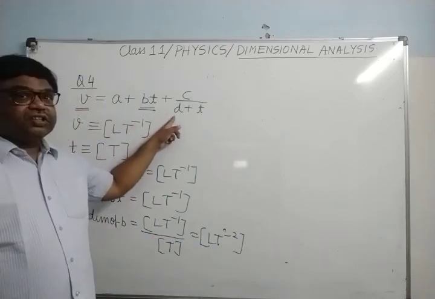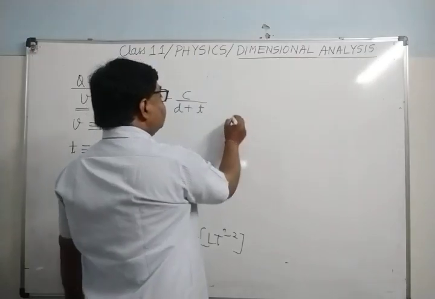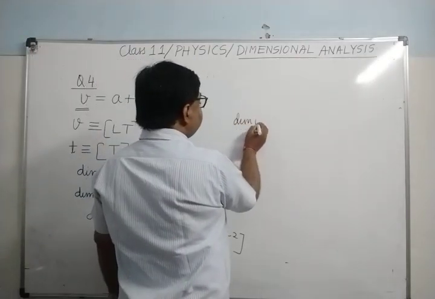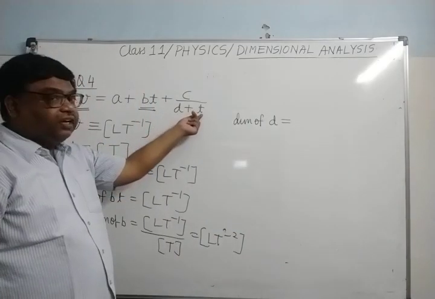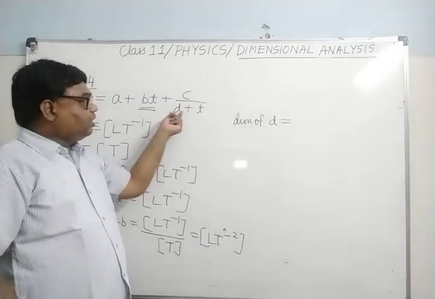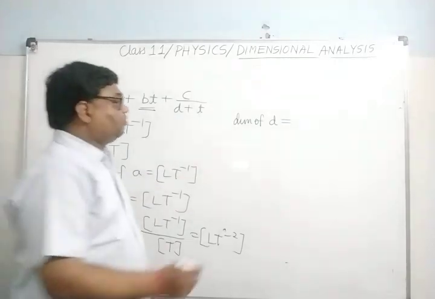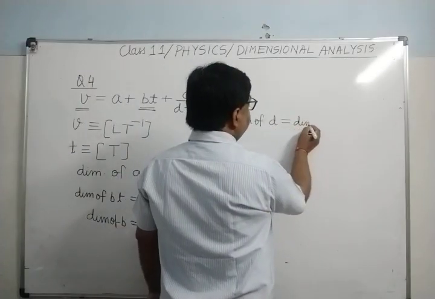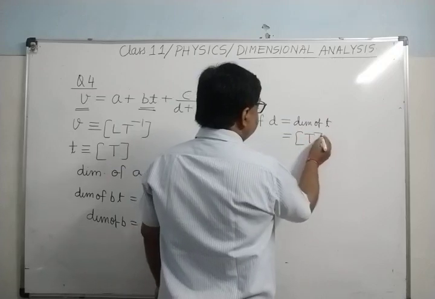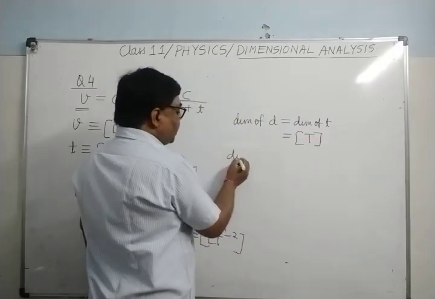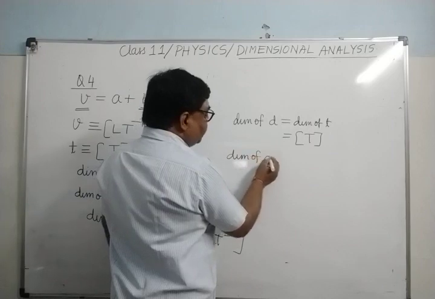Then what is the dimension of D? You can see here D is added with T, so D will have the same dimension as T. And what is the dimension of T? It is T. So what will be the dimension of D plus T?